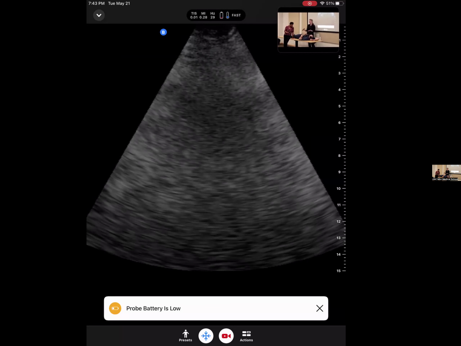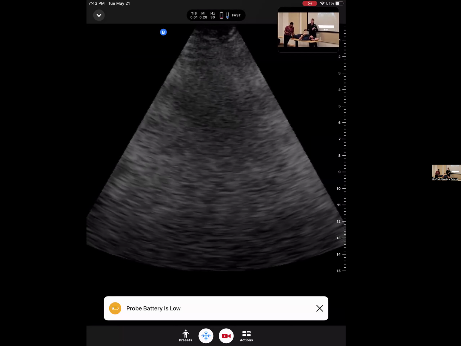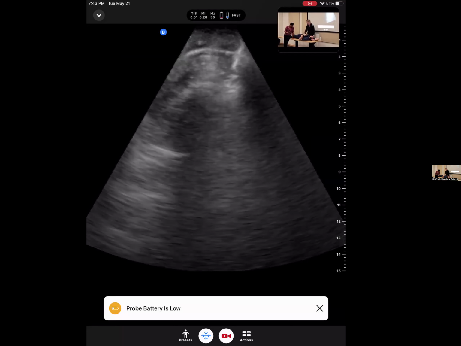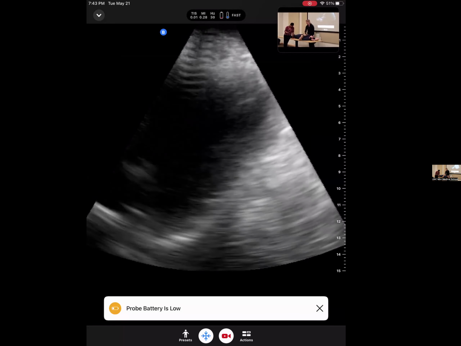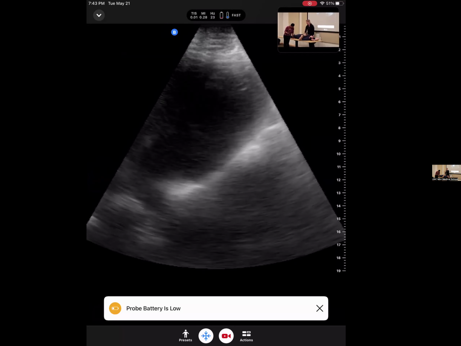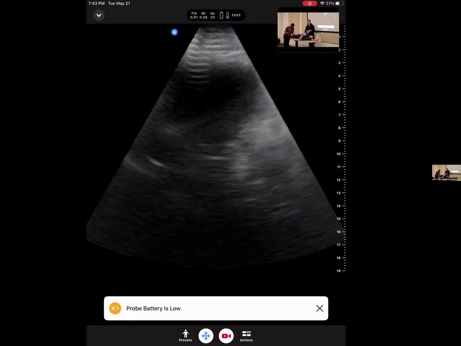You know, for our students, they're scanning each other. They should be really good at saying, like, if you turn me this direction, you're going to get a different view. They did have to put the probe on and scan around, like, what am I looking at?